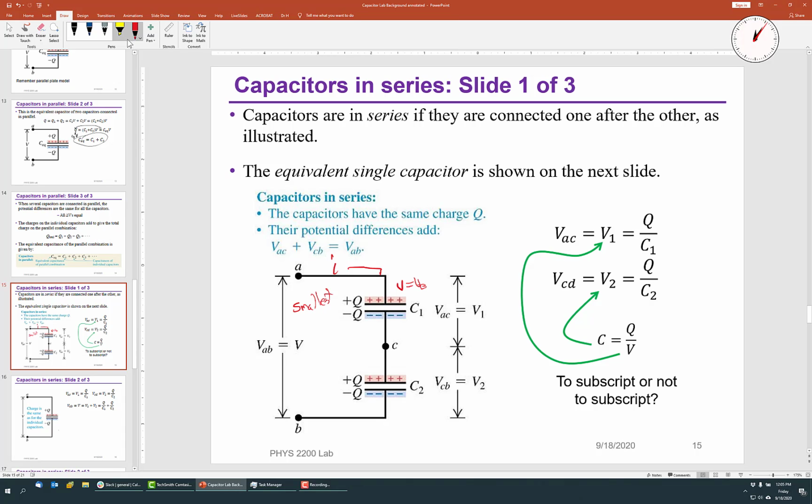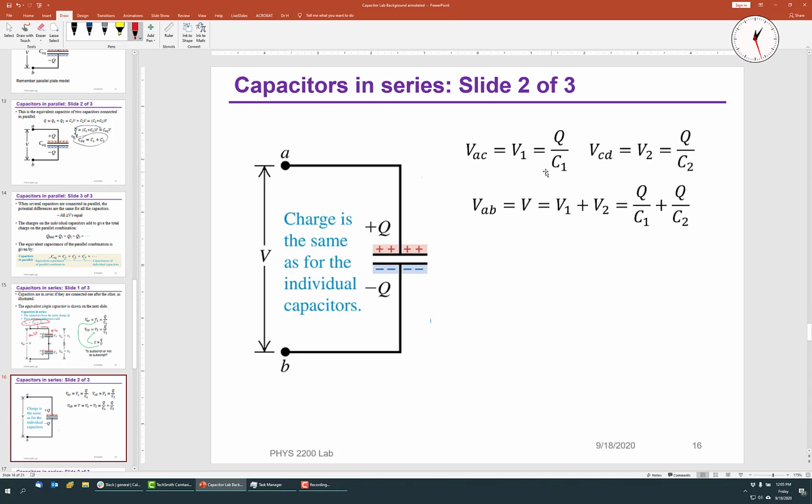So then what we're going to do is take advantage of this right here from the series circuit. The voltage drops have to equal the battery. And also we have the same Q, so no subscript is necessary there.